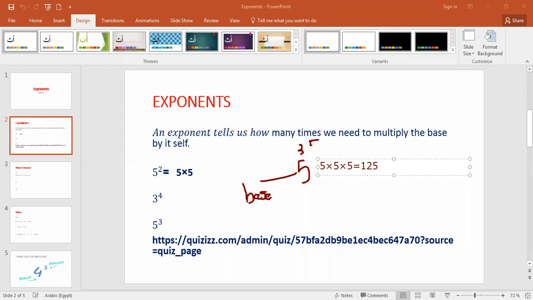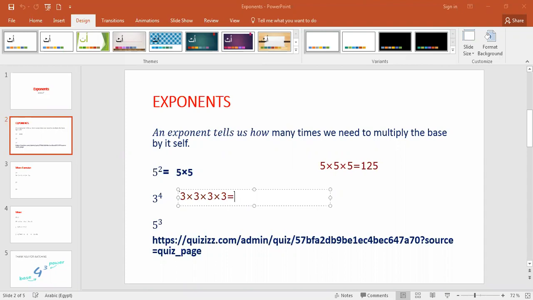Another example, 3 power of 4. It means 3 is repeated how many times? 4 times. So I will write 3 times 3 times 3 times 3. 3 times 3 is equal to 9, and 3 times 3 is equal to 9.